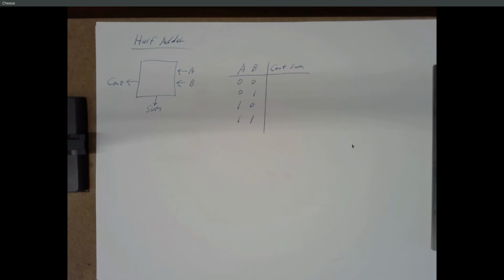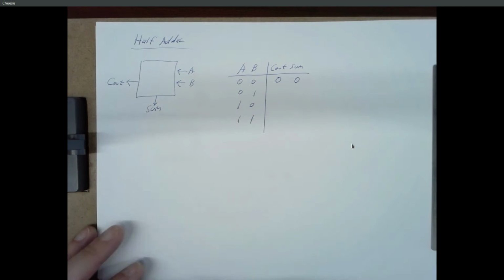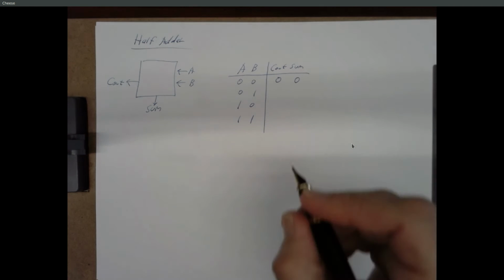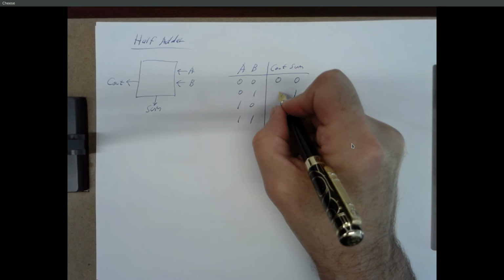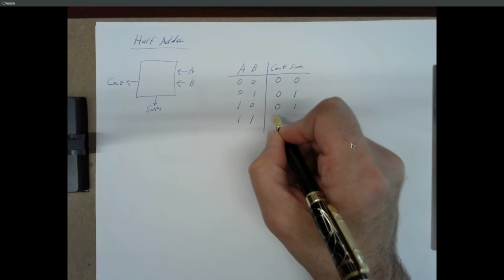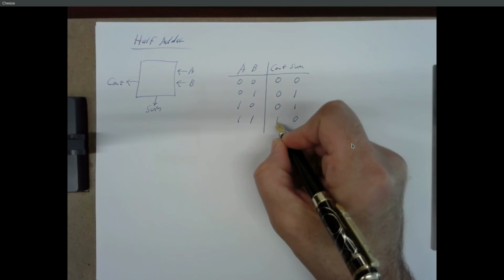So what is 0 plus 0? 0. Pop quiz, good, 0. So that means the sum bit is 0 and there's no carry coming out. What is 0 plus 1? 1, and there's no carry generated. 1 plus 0 is exactly the same thing. And then 1 plus 1 is 2, so that's a 0 with a carry out.